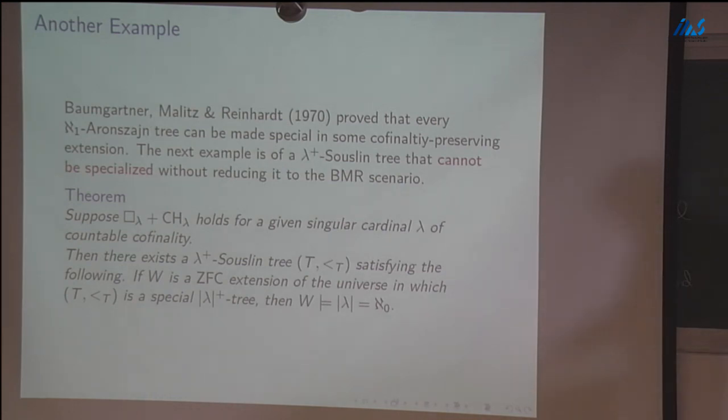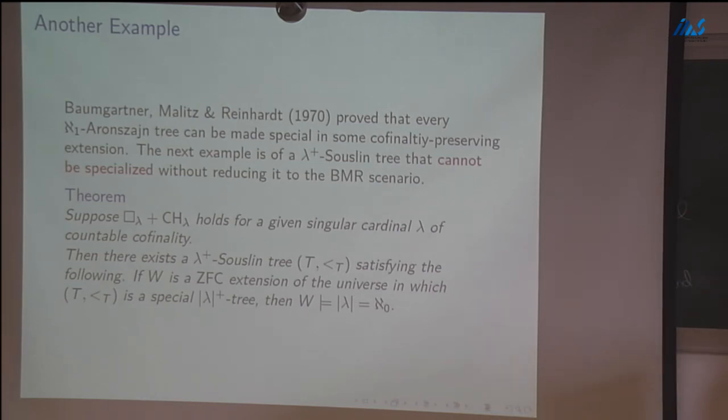Well, in fact, what we can show is we can get a lambda plus Souslin tree that cannot be specialized without reducing it all the way down to Aleph 1, essentially. So certainly it can't be specialized with a cofinality preserving extension. In fact, the only way to specialize it is to collapse its cardinality down to Aleph 1. So this is the theorem here, supposing square and CH with lambda a singular cardinal.